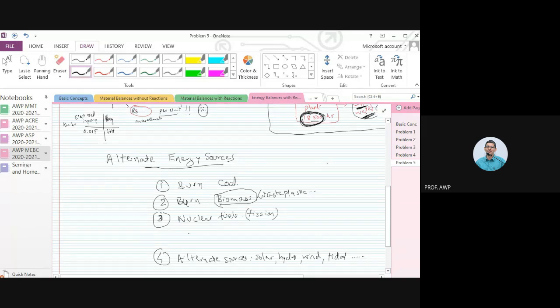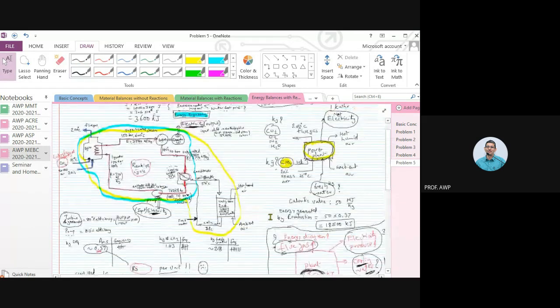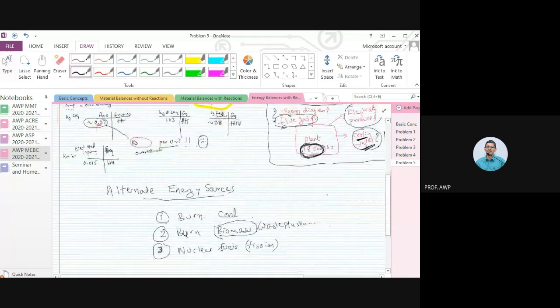Can you rework this whole problem, so that instead of methane being burnt, it is coal being burnt, or biomass being burnt, or waste plastic being burnt, or uranium fissile material undergoing fission and generating heat, thereby generating steam? For all these cases, can you think about cost?